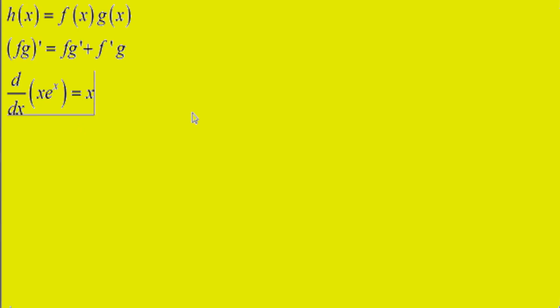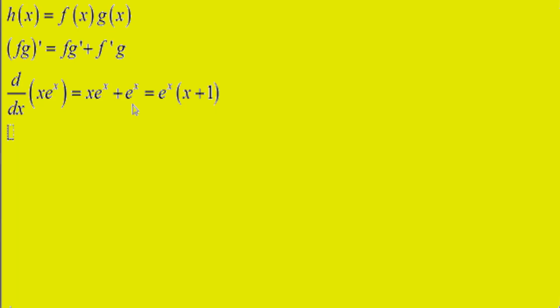So the first is x, and the derivative of e to the x is e to the x, plus the derivative of the first times the second. The first function is x, so the derivative of x is 1, and the second is e to the x. So that's your derivative. You can, if you want, factor out e to the x.